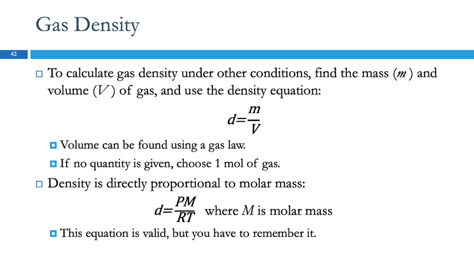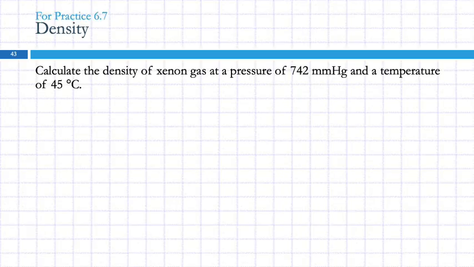In the book, the density is the pressure times the molar mass divided by RT, and there's nothing wrong with that equation, but it's another equation you have to remember, and I'm not going to give you that equation on an exam. I think it's better to just think of the density equation. Well, I need to find the mass and divide by the volume, and here's my density. Fewer equations to remember. So that's how I'm going to do my examples.